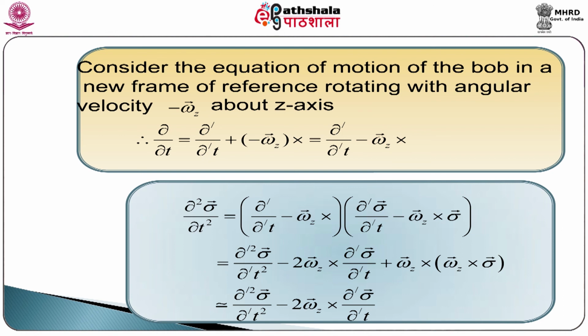After some calculation, we get ∂²σ vector/∂t² equal to ∂'²σ vector/∂t'² minus 2 omega_z vector cross ∂'σ vector/∂t' plus omega_z vector cross omega_z vector cross sigma vector. Neglecting the term containing omega_z squared, we get the next line.